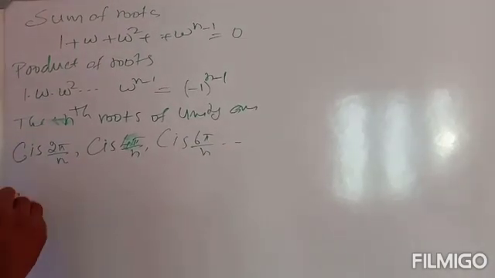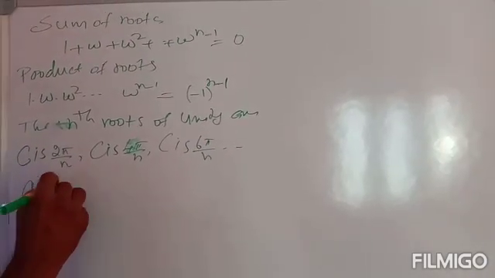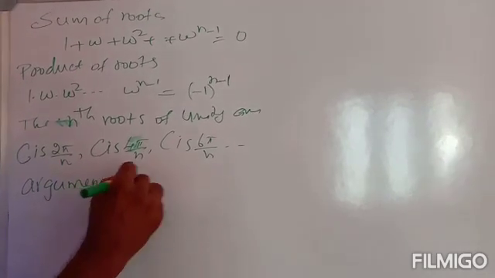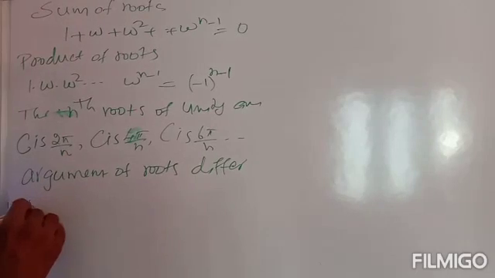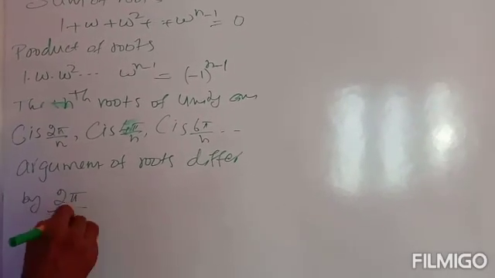So now the arguments of the roots differ by 2 pi by n.